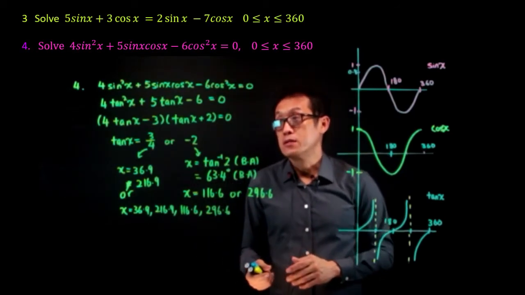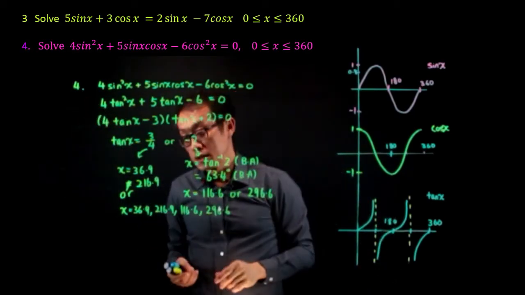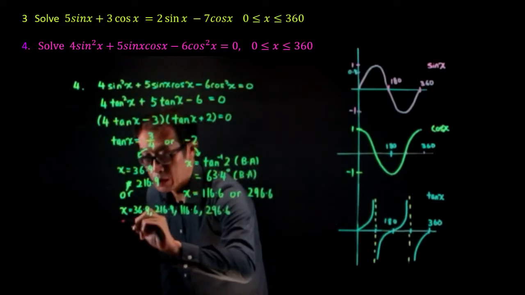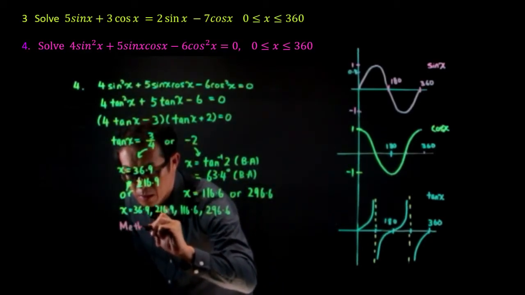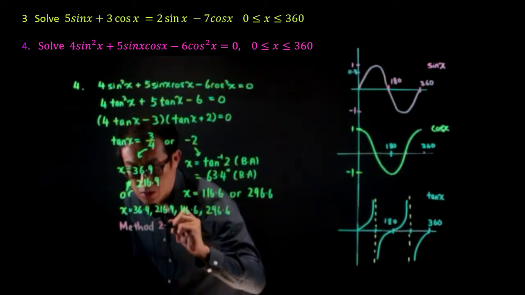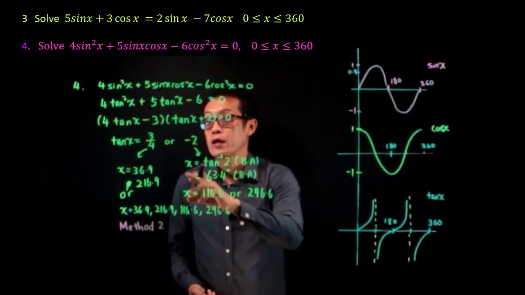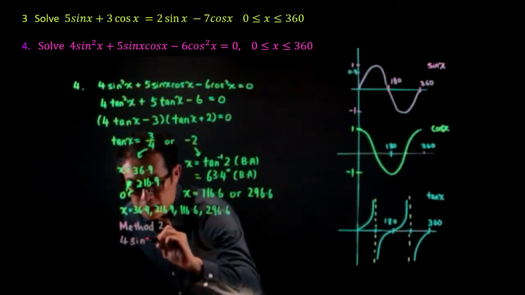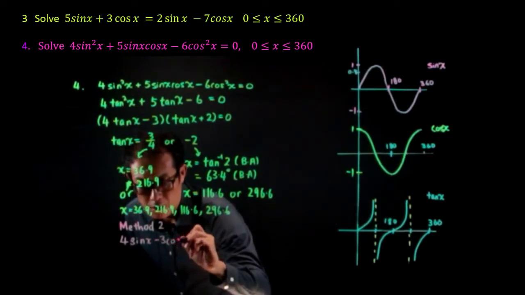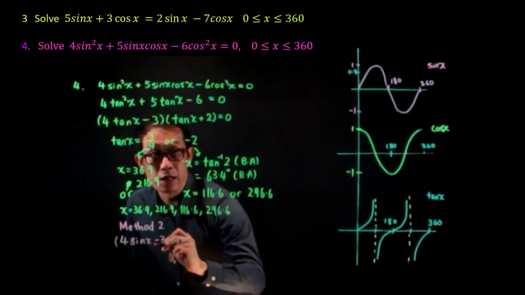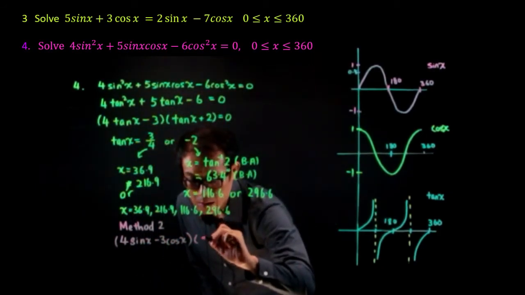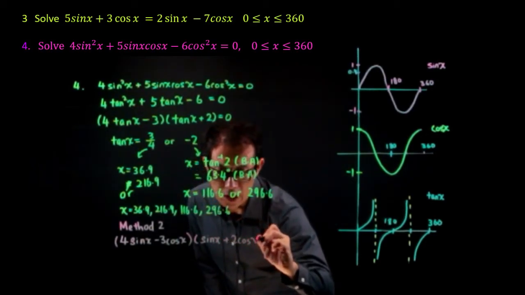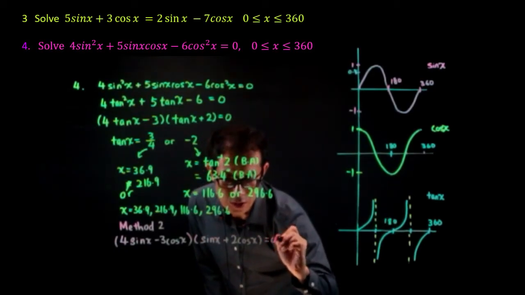Now the other method is, if you look at it closely, you can actually factorize this. Okay, so maybe I would just put it up here. Method 2. Now, if you look at it properly, this can be factorized into 4 sine x minus 3 cos x into sine x plus 2 cos x, okay, equals to 0.